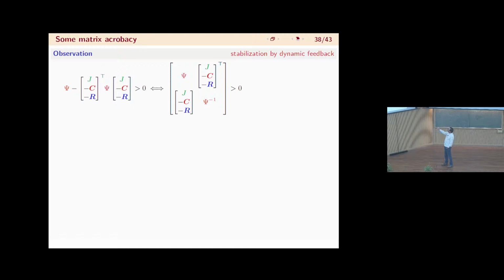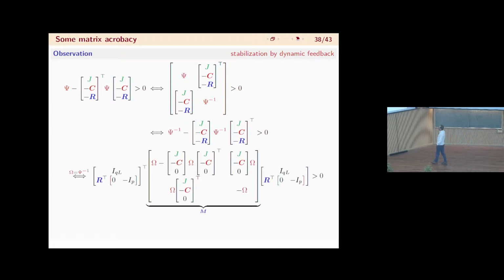So if you look at this left-hand side, it is the Schur complement of this matrix with respect to psi inverse. Okay? Now, if I look at this big matrix and take its Schur complement with respect to psi, then I obtain this matrix inequality, where I have psi inverse as an unknown, and C still as an unknown.